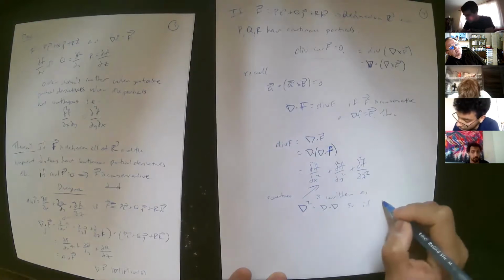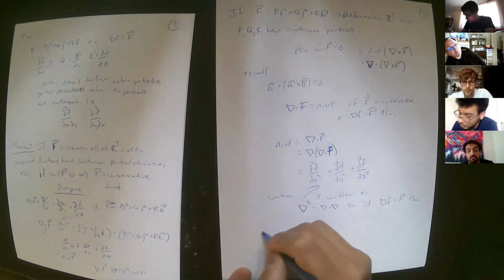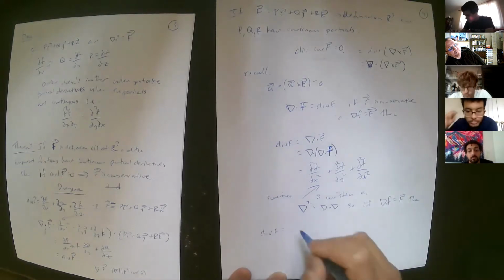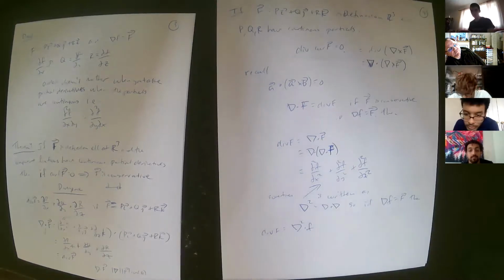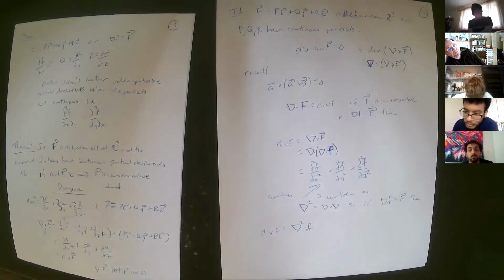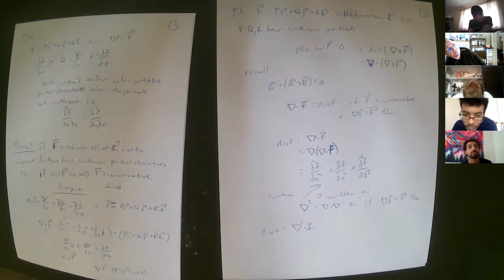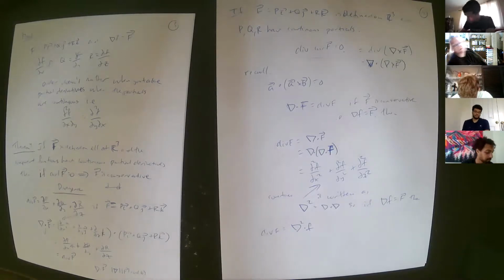So if f is conservative, then divergence of f is sometimes written as nabla of f. And this is another operator of interest. We won't talk about it too much. Well, I don't think we're going to talk about it at all, but I could be wrong. Other than today. But I only planned up today, so maybe we'll talk about it when we talk about Stokes' theorem. This is called the Laplace operator, or Laplace's operator.